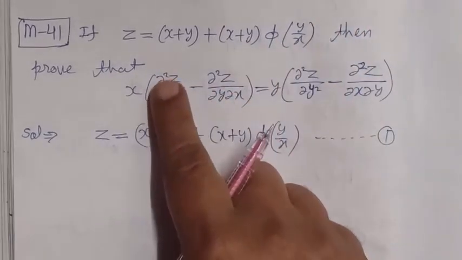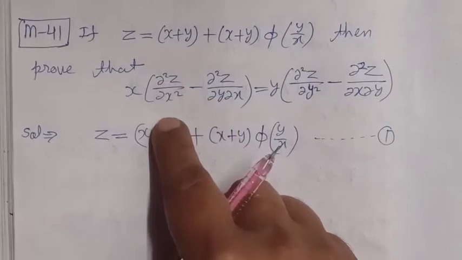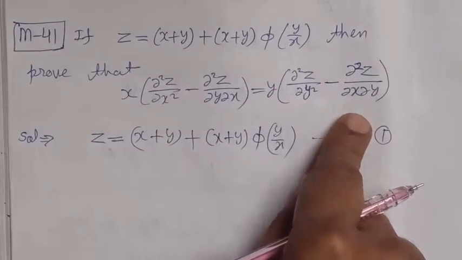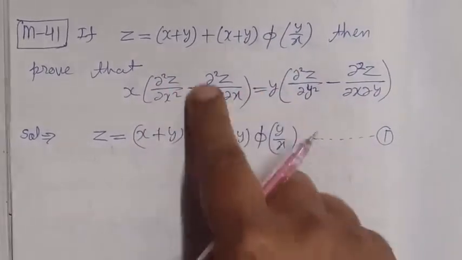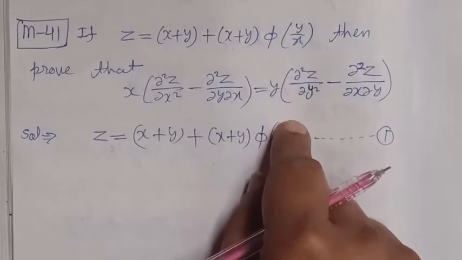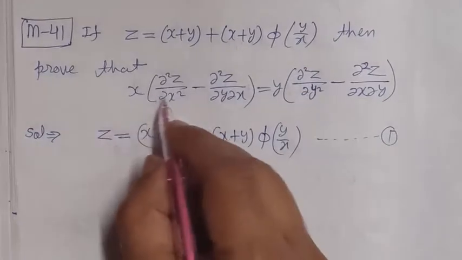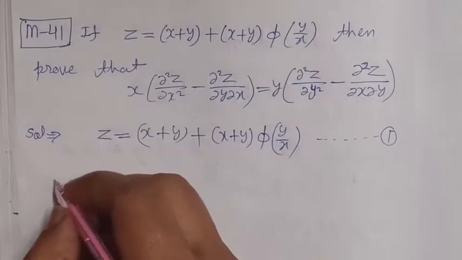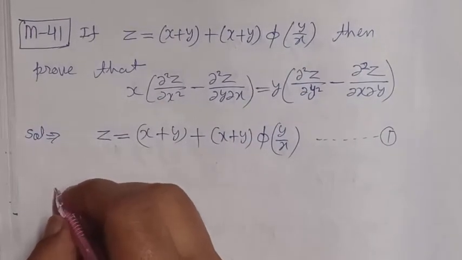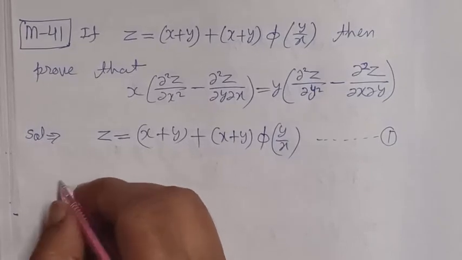What we have to find first is the first derivative, because these are second derivatives with respect to x, x y, and y. We first differentiate z with respect to x, meaning the first derivative of z with respect to x.